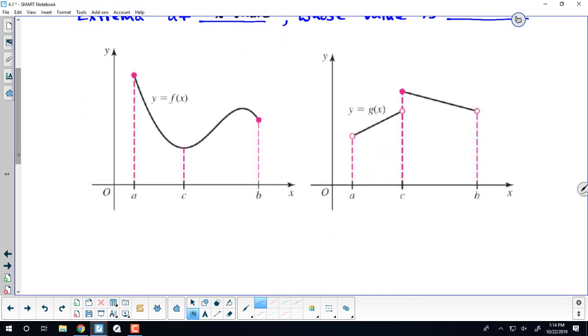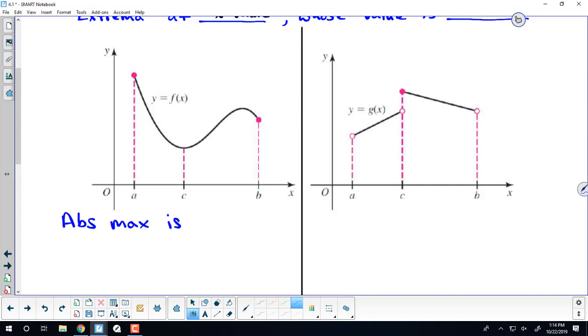Okay, so let's look at these two figures and state the absolute maximum and absolute minimum for these two. So the absolute maximum for the figure on the left is at x equal to a, and the value is f of a, whatever that y value is.